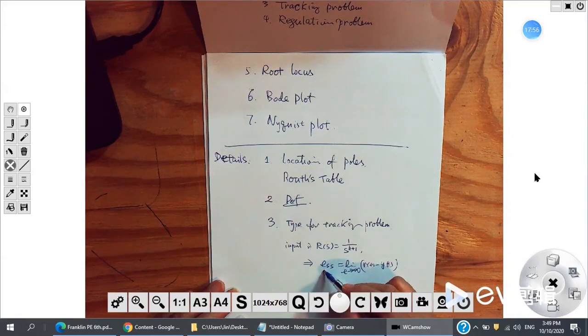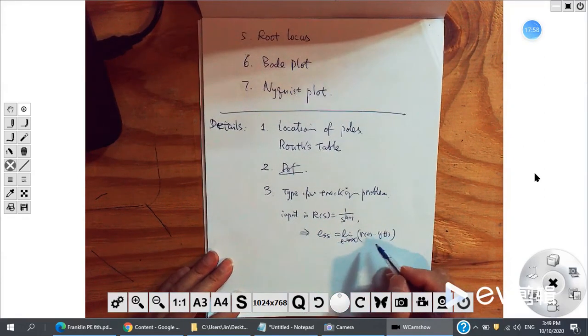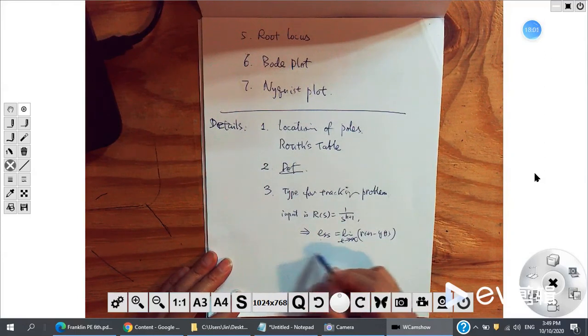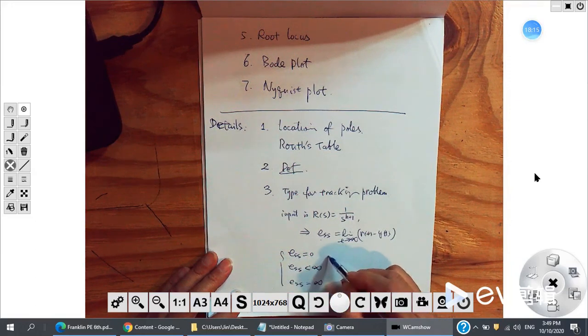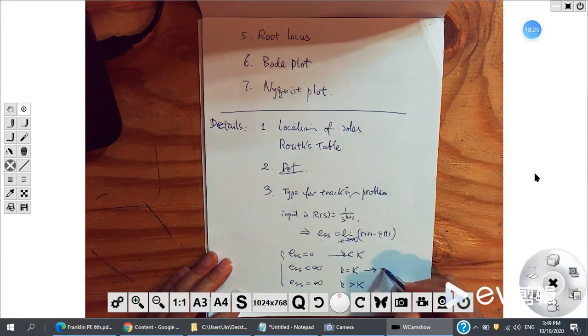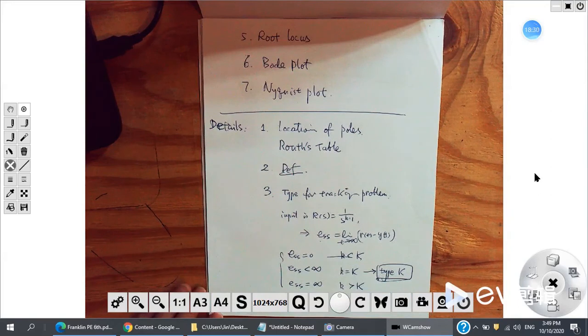Then we have the type. e_ss equal to 0, e_ss smaller than infinity, and e_ss equal to infinity. So we have these three cases. Here will be k smaller than that k. Here is k larger than that k. And here is k equal to this capital K. This capital K is the type. Type is K. Alright. So this is in general.